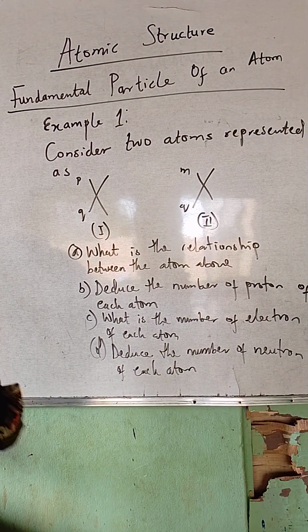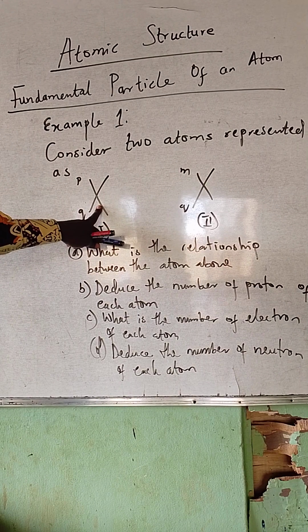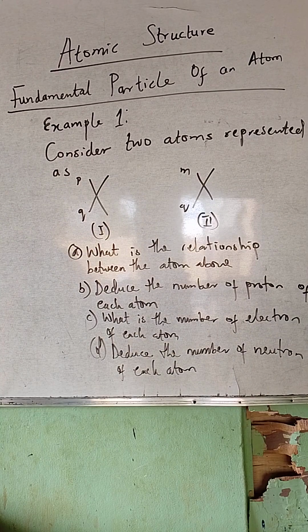They say we should consider the two atoms represented as this: the element S, the mass number is P, and the atomic number is Q. Second one is M, mass number M, and atomic number Q. So what is the relationship? The relationship that you can see here is that they exhibit isotopy.